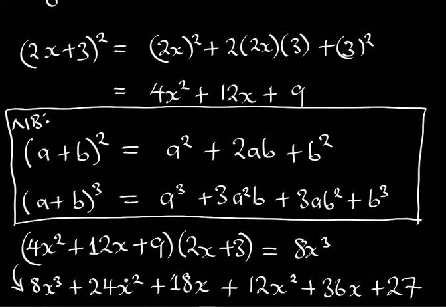Then this 24x squared and that 12x squared added together give us 36x squared. The 18x and the 36x give us 54x, and then we add our 27. If you use this formula here, you're going to get directly to this answer. Right now we just need this answer and then get to see how we're going to handle the rest of the question.